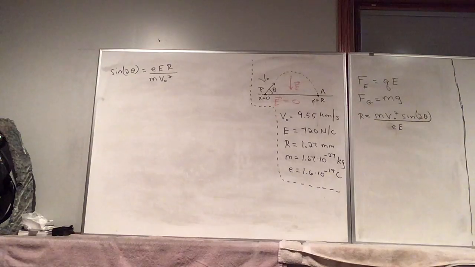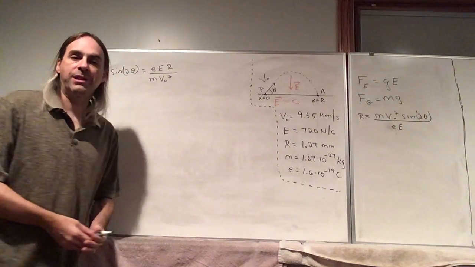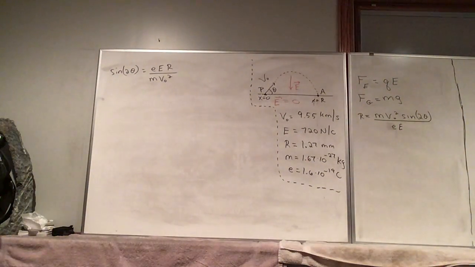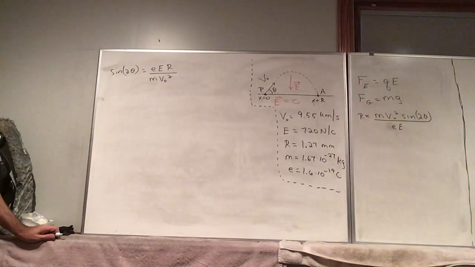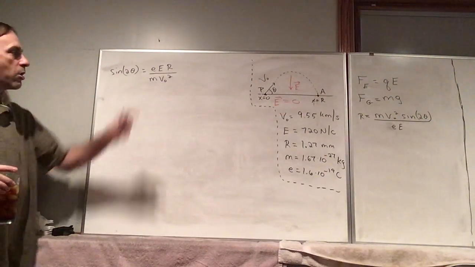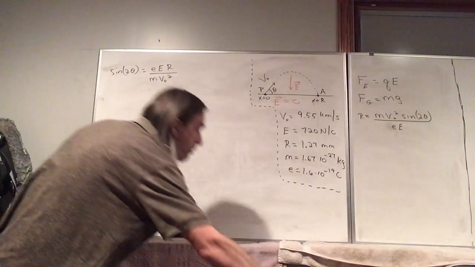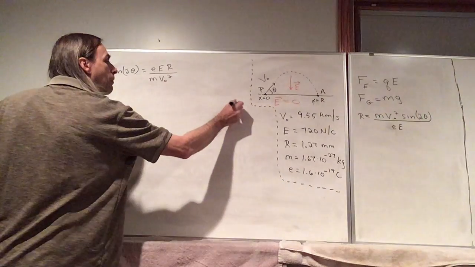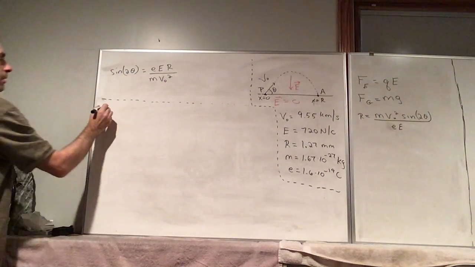Now, very important, this quantity that we're multiplying, when we plug in the units, we should just get a number. Sine of theta should always just give us a number, not something with units. So let's figure out what number we're dealing with here. I have a feeling this is going to take some room.